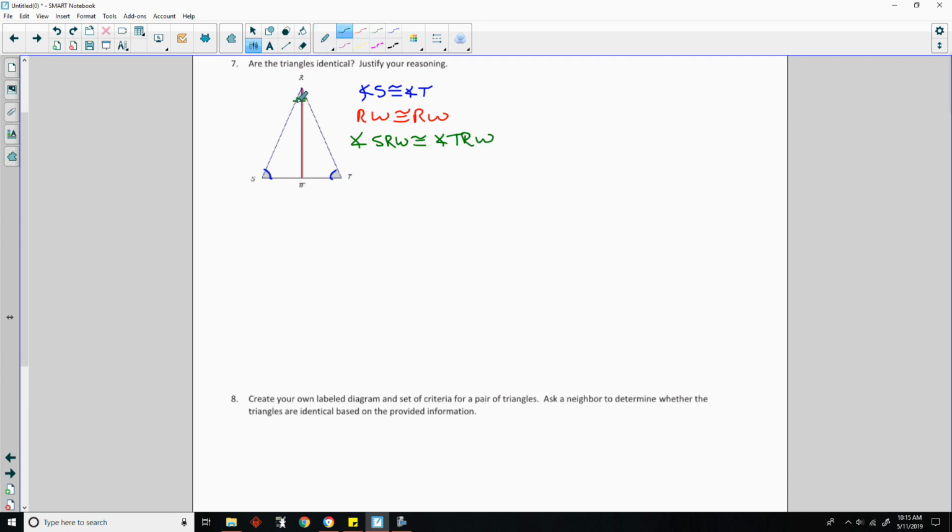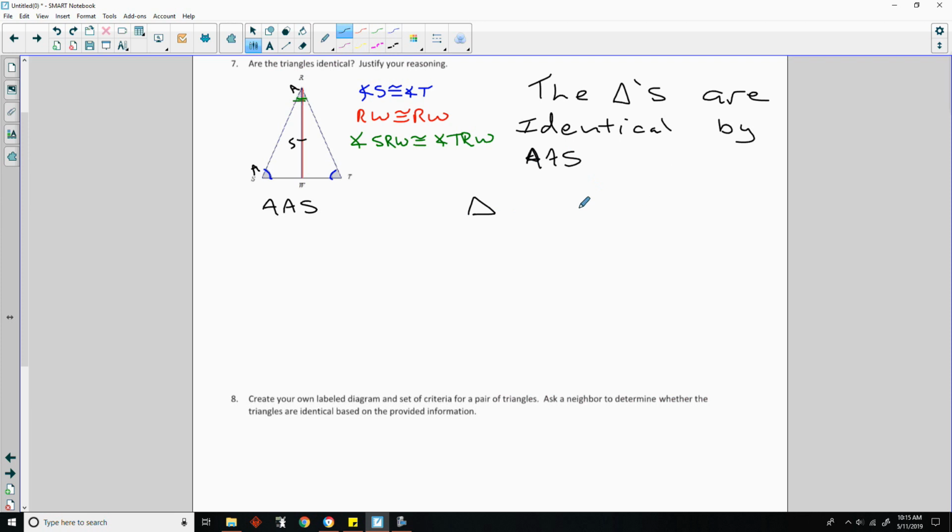Okay, so if I label my triangle up, here's an angle, and this is a side. So it's AAS. So since we have angle, angle, side, the triangles are identical by AAS.